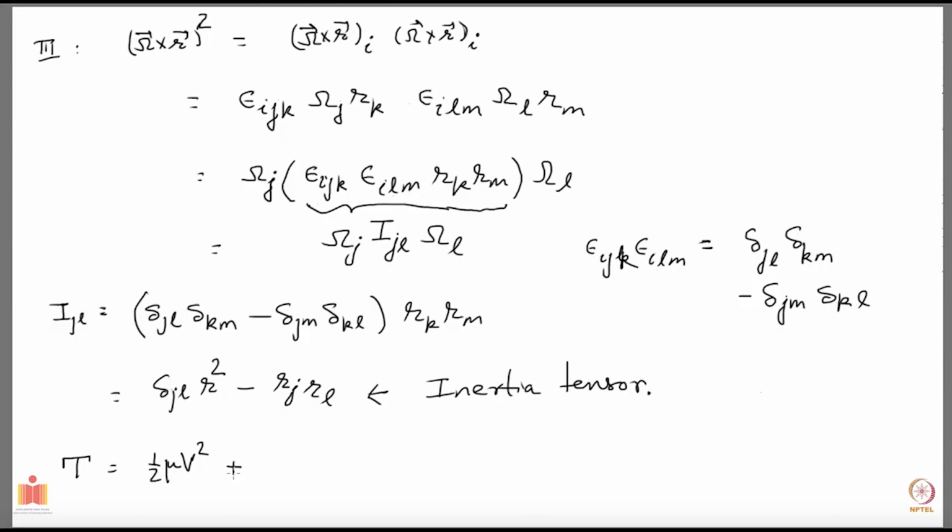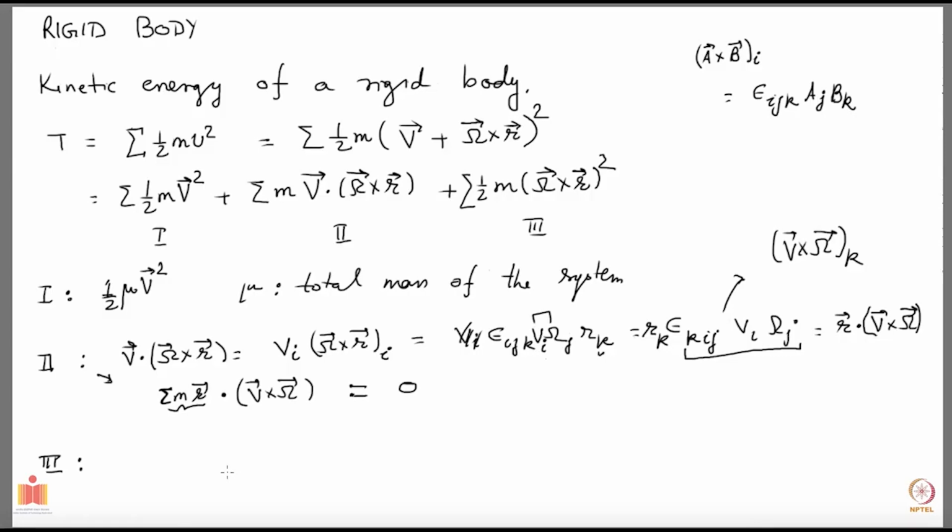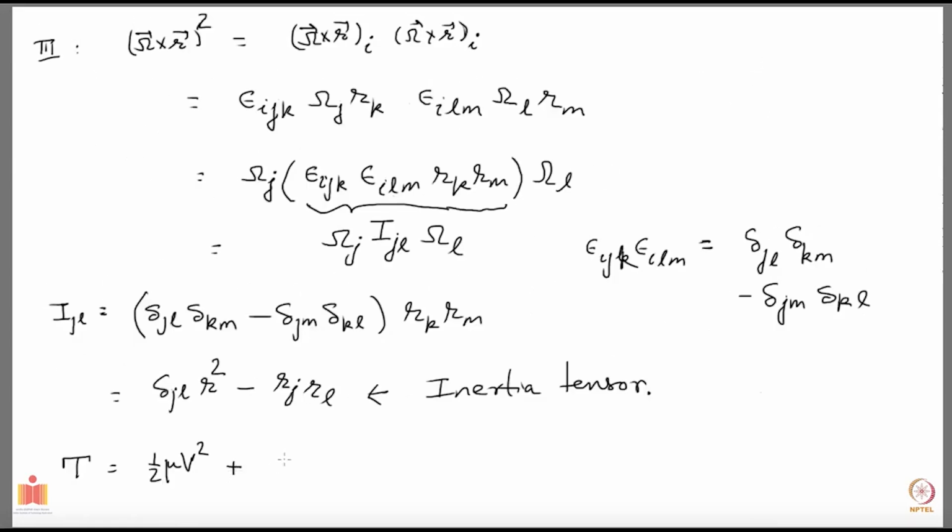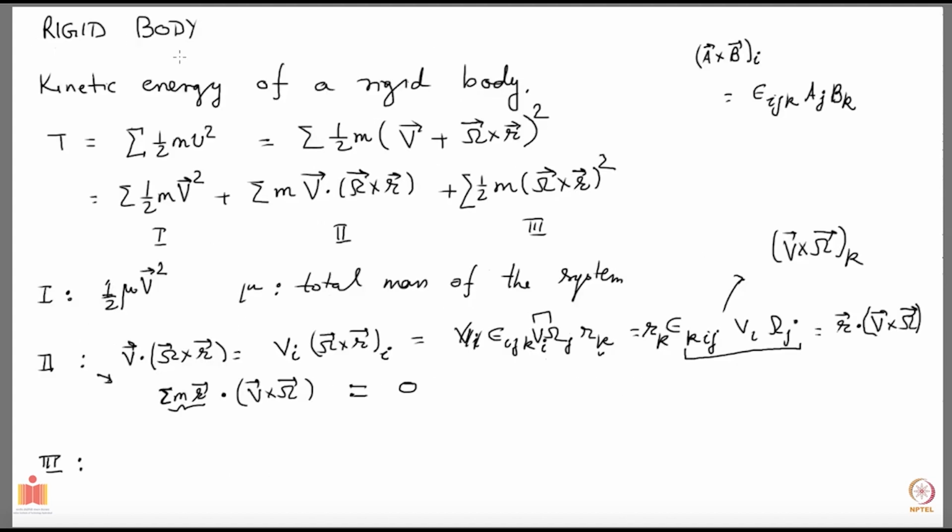If you don't make that choice, then that term will be present. It will not be 0, which was here, the second term. And the third term is half, you can check, you have ω cross r squared here. What we had originally was half m ω cross r, so I have to have half m in here.